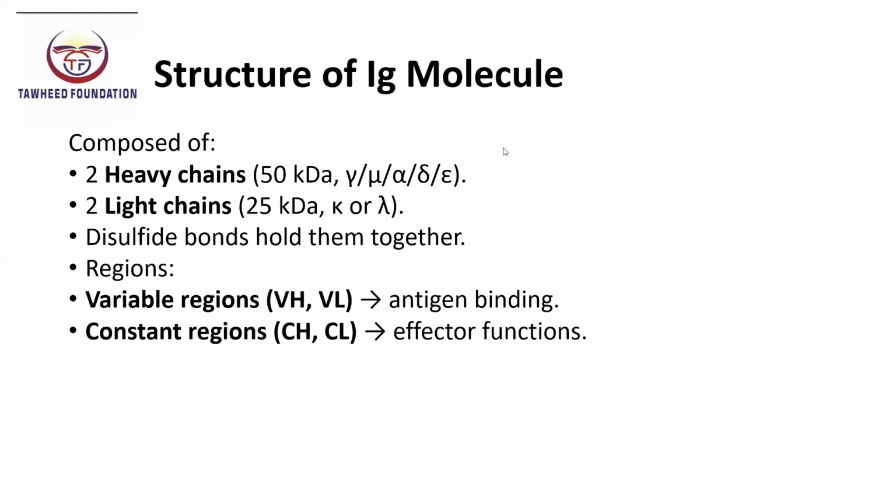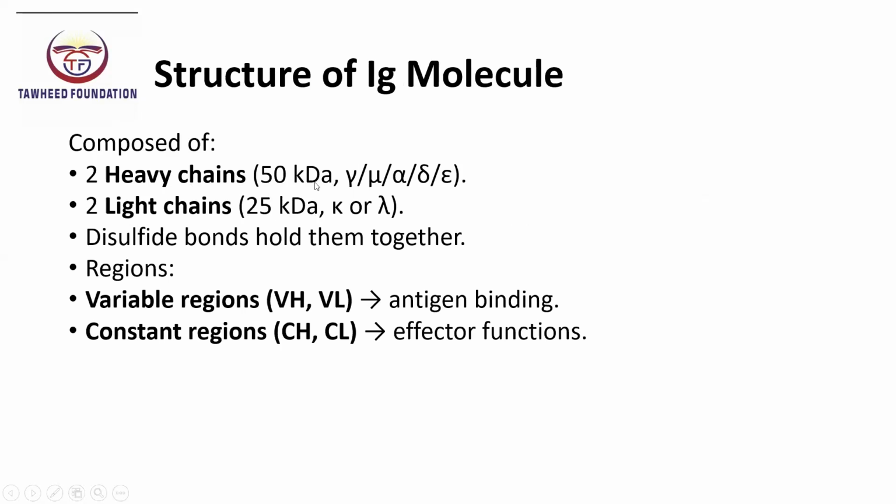Next is the structure of the Ig molecule. All immunoglobulins are comprised of two light chains and two heavy chains linked together by disulfide bonds to form a Y-shaped structure. Light chains, about 25 kDa, are either of the kappa or lambda type.